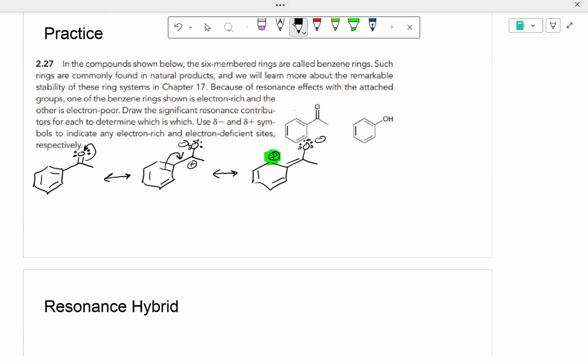Can I do anything else? Well, I just made another allylic carbocation, so I can do some more moving. And now the plus charge is there.